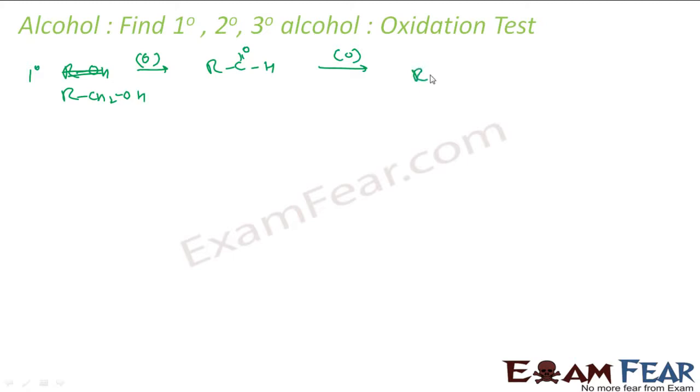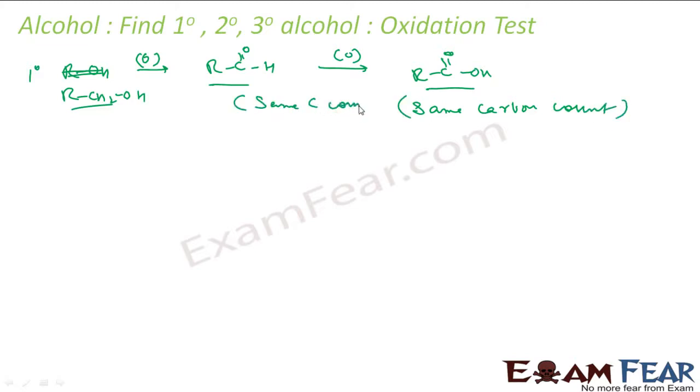If you further do oxidation, you get RCOOH, that is my acid, right? So if you see, the carbon count is the same, it is also the same carbon count.